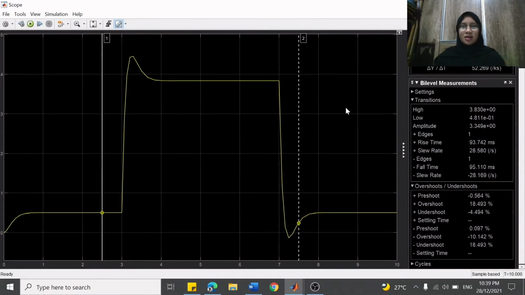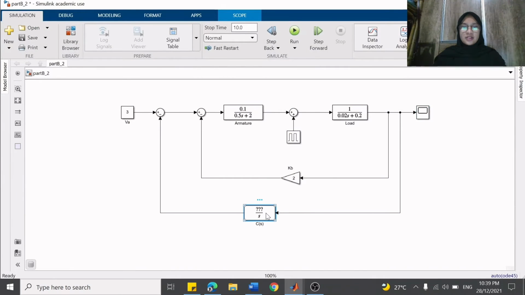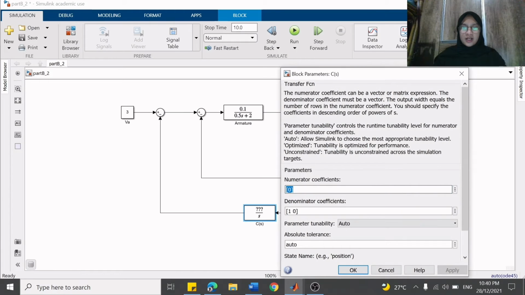This is the output graph for K equal to 0, and the rise time is 93.742 millisecond, overshoot 18.493%, and settling time is none. Then we change again to 5.